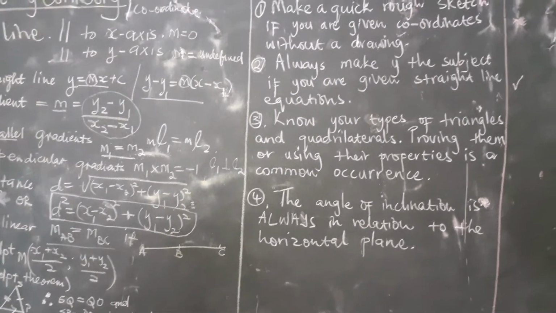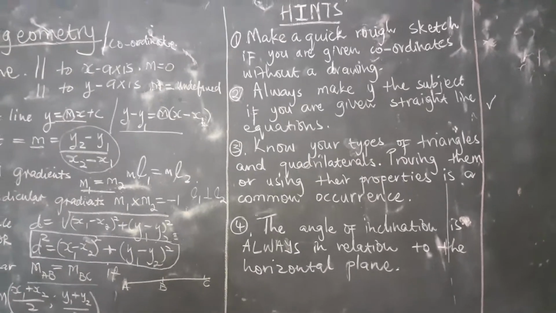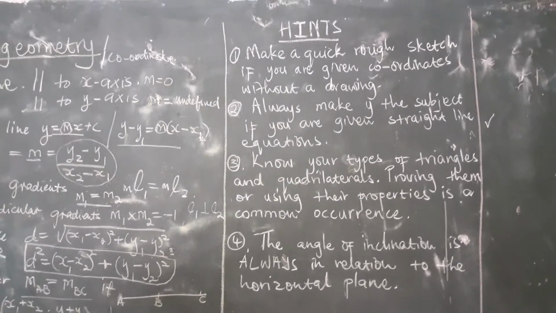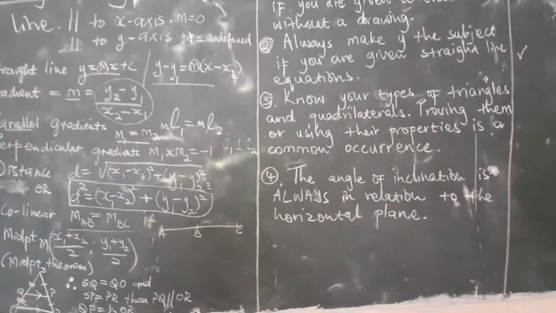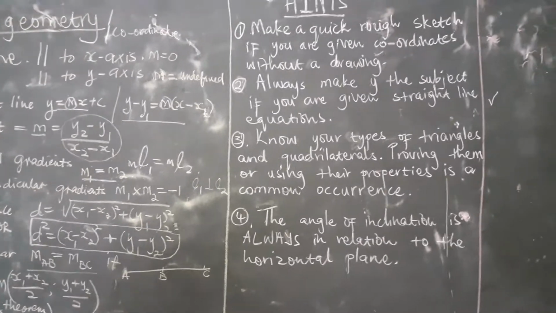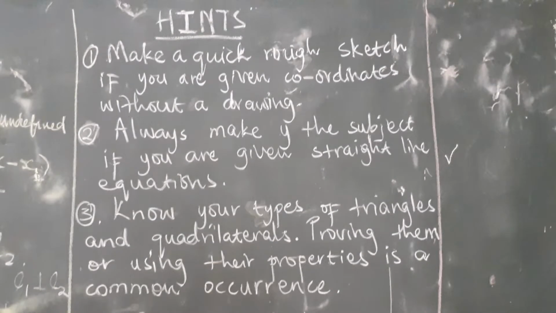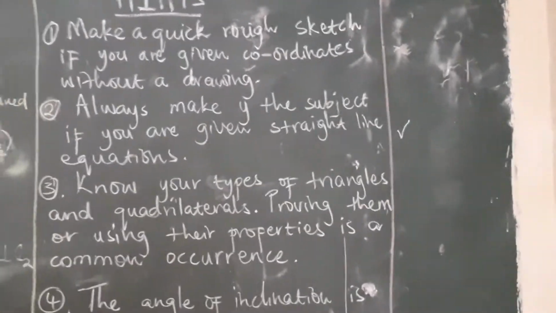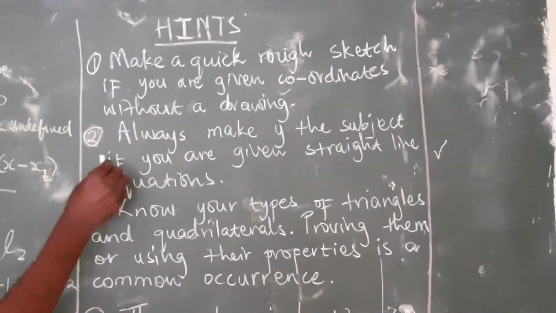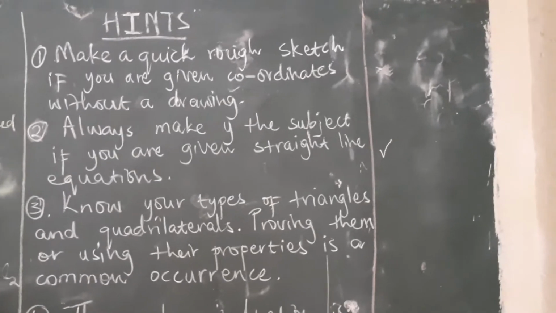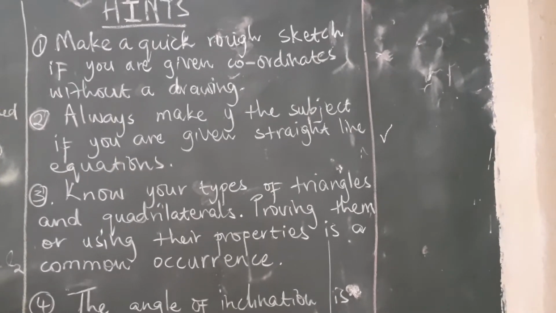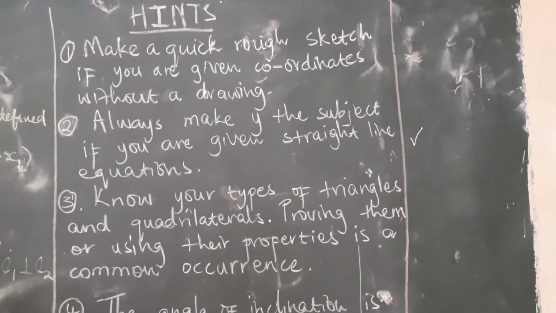And remember all these equations when you do analytical geometry. Now let's come to the hints that you need to take into consideration. Hints are these. Number 1, always make a quick rough sketch if you are given coordinates without a drawing.